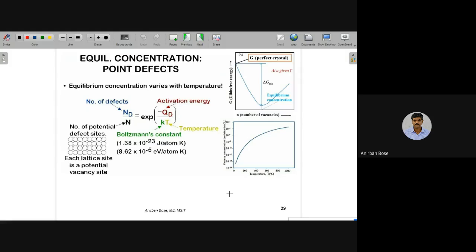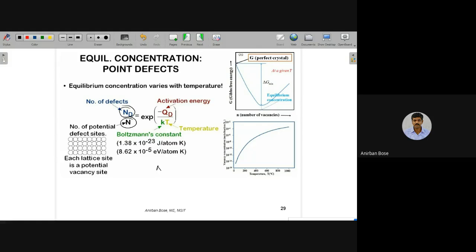Now coming to the quantitative calculation of the fraction of defects, fraction of point defects to be very specific. The fraction of point defects is estimated using this particular formula, where ND is the number of defects and N is the total number of sites.